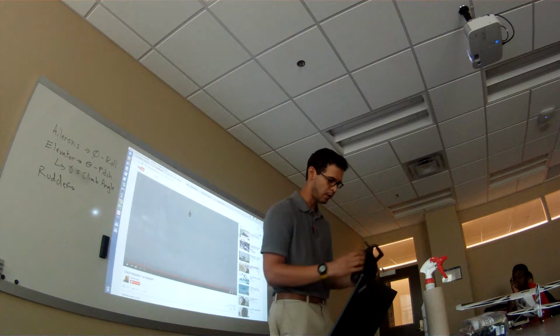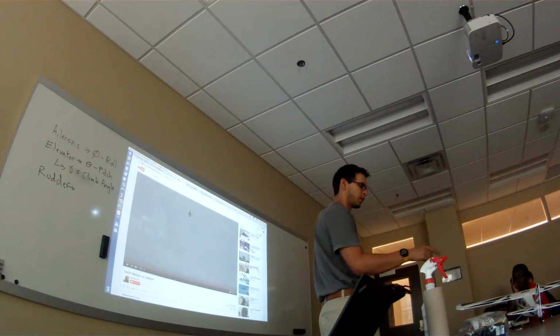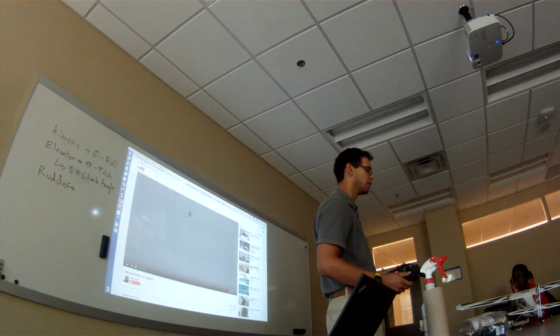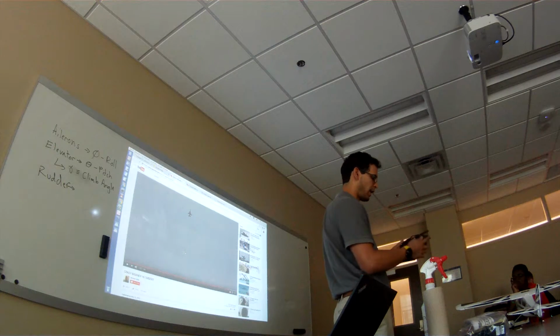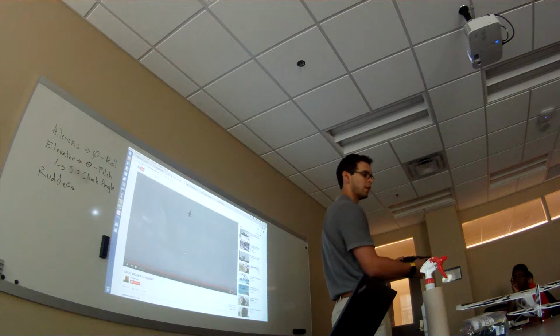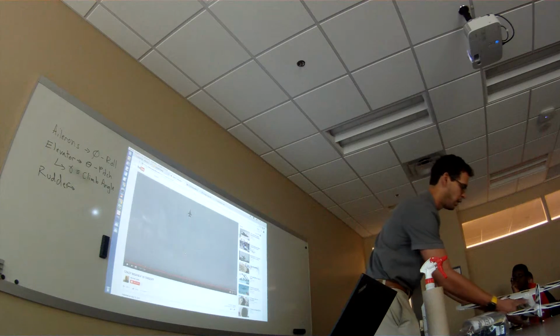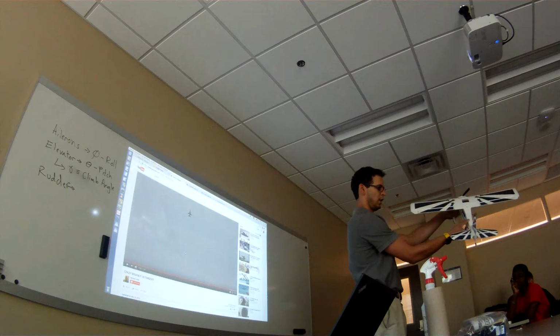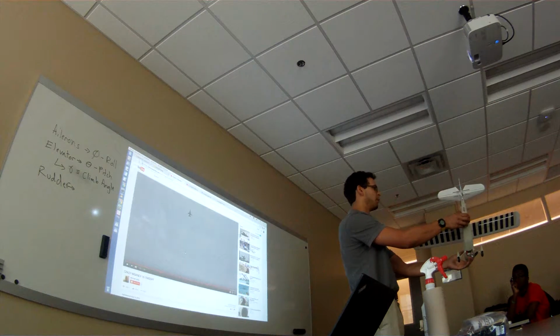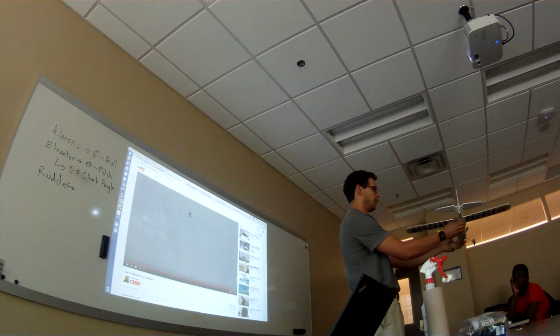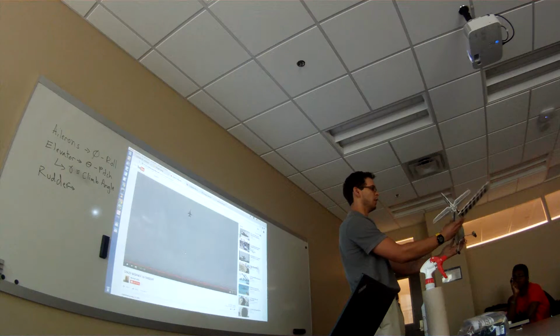Let's see, the last thing I want to talk about is this thing has what's called an internal gyro on it. And so an internal gyro, what it'll do is it'll measure the roll and pitch angles. And so I can actually flip this switch here and turn it to beginner mode. And so now, if I lift the aircraft up and do this, you'll see that the tail, or the elevator, will actually move in opposition to my pitch angle. And so if I roll it, my ailerons will move now.